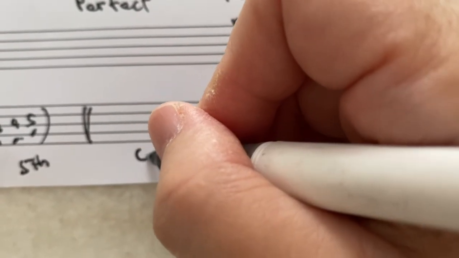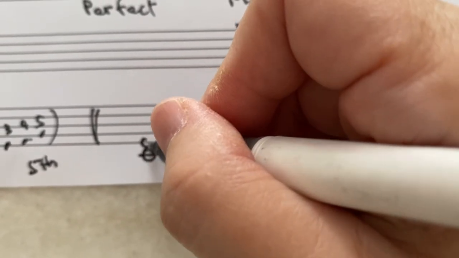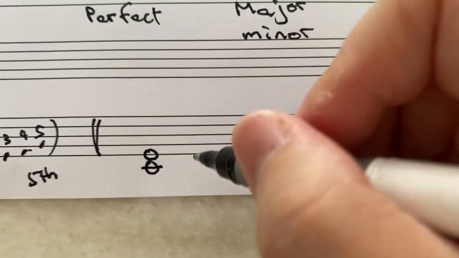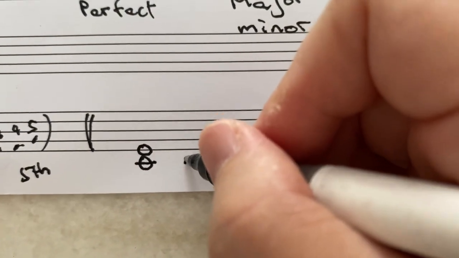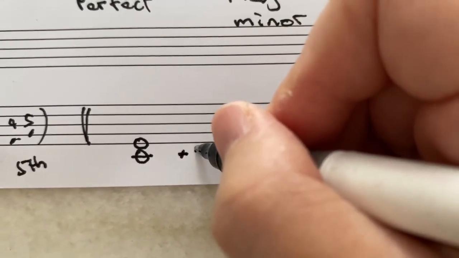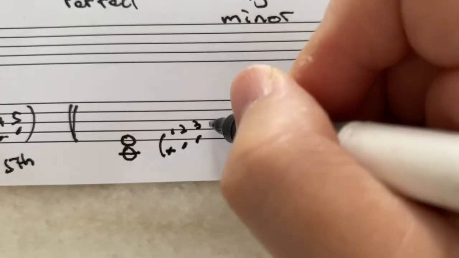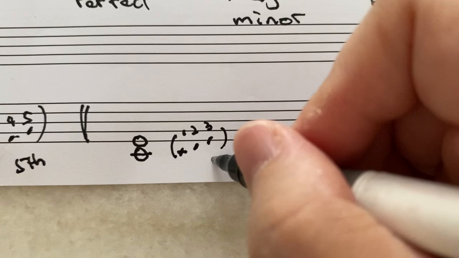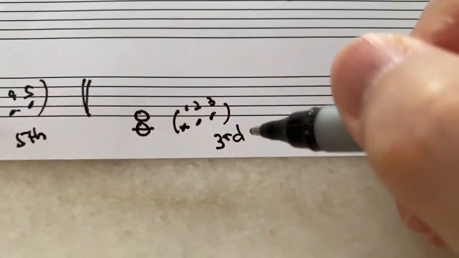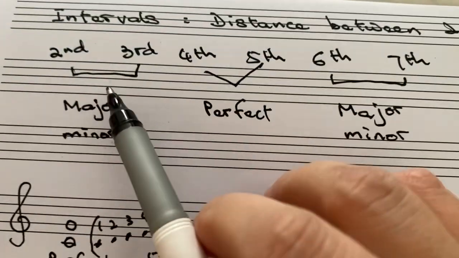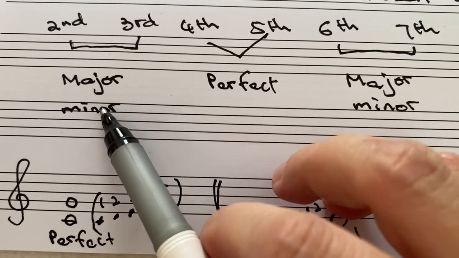But let's look at an example of a third. Let's now take C to E. Again, I measure C as 1, 2, 3. So the number is a third. Now, remember, third can be major or minor.